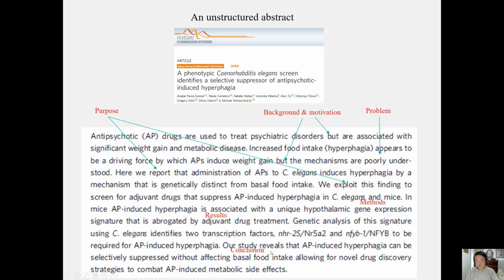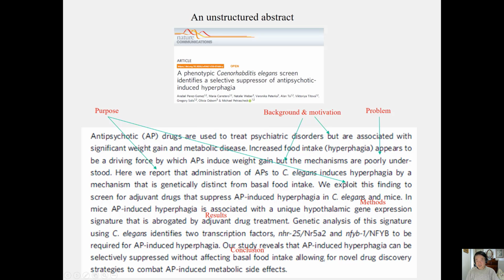Our study reveals that antipsychotic drug-induced hyperphagia can be selectively suppressed without affecting basal food intake. So this is the meaning of this study, coming from the results.